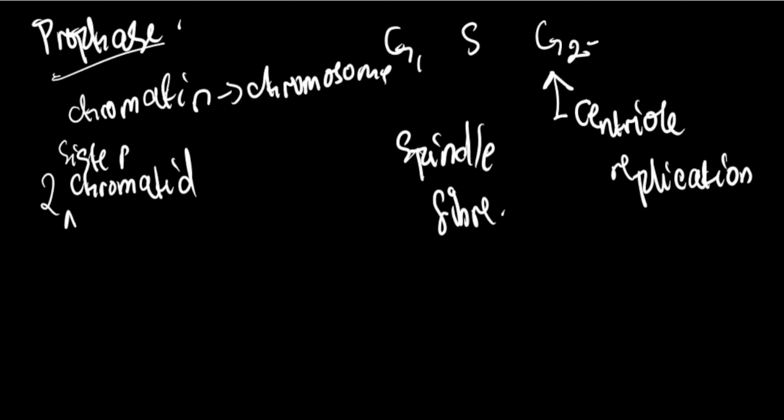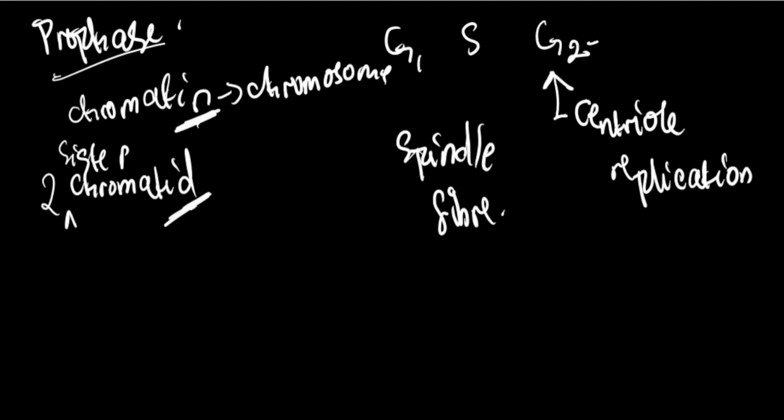Now as the chromatin condense, it's important for us to take note of the difference between chromatin and chromatids. Okay, as the chromatin condenses and forms this chromosome, we have disappearance of the nuclear envelope. So the nuclear envelope begins to disintegrate and disappears.